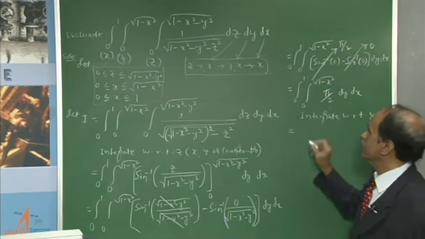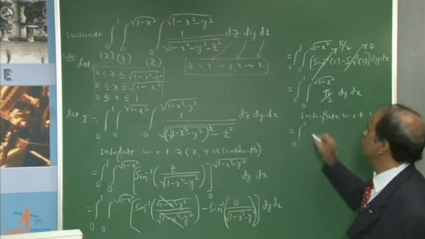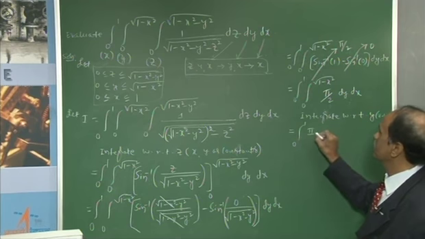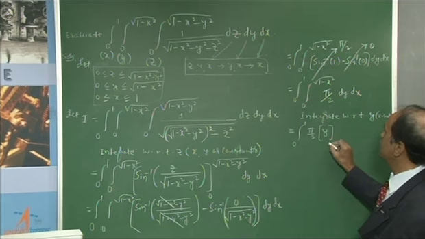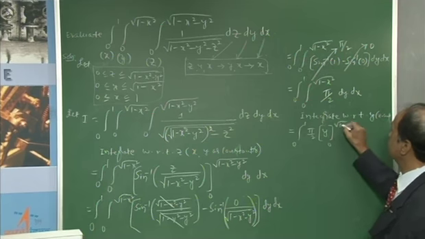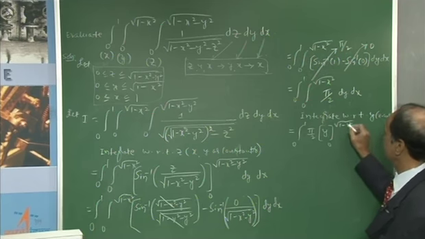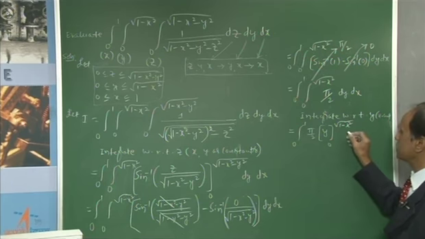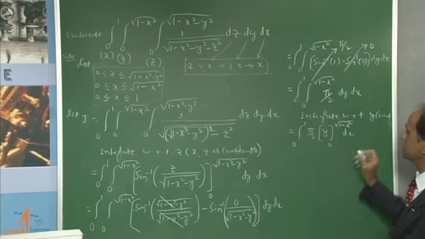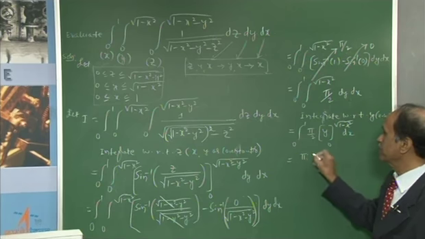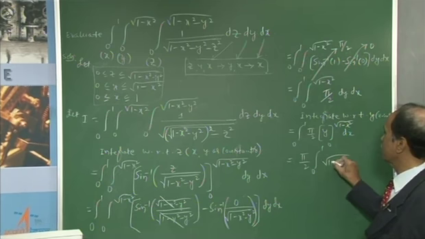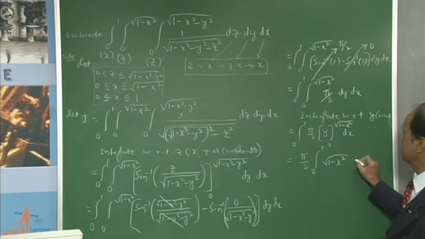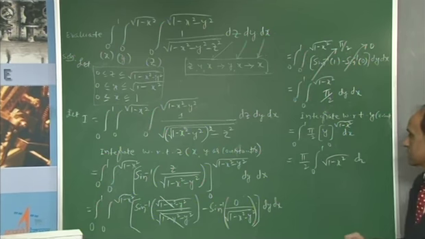Then this is equal to 0 to 1, pi by 2, then y, and it takes the limits as 0 to root of 1 minus x square, dx. Pi by 2, integration 0 to 1, root of 1 minus x square, dx.